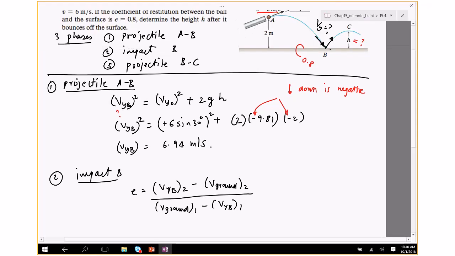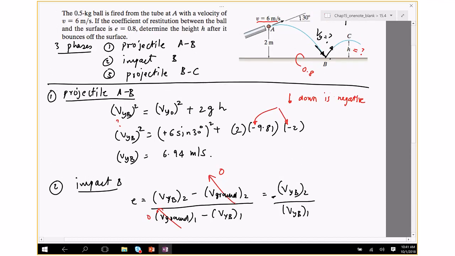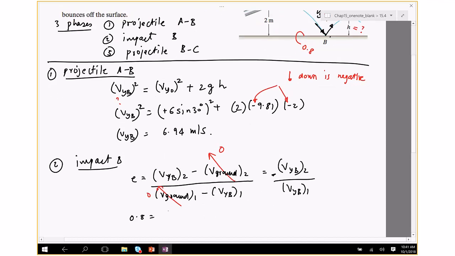Now we know that before or after collision, the ground doesn't move. Probably does, but it's very, very tiny. So that is 0, and so is this. And so we're left with Vyb2 divided by the minus sign, Vyb1. Since we're given e, it's 0.8 equals minus, and this velocity here is the velocity before impact.